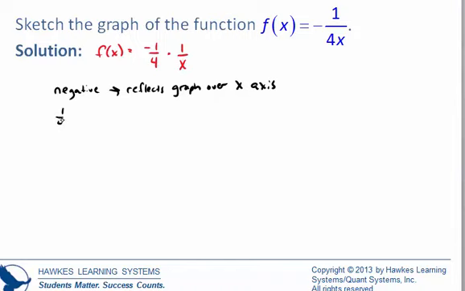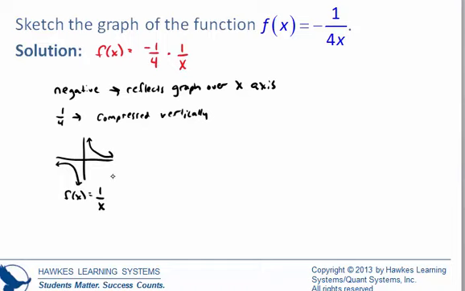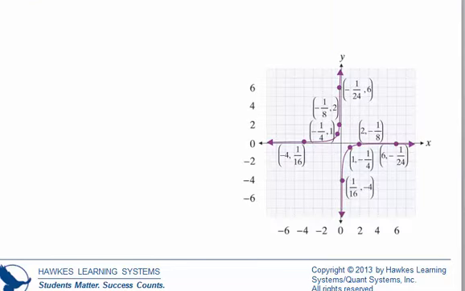The 1/4, remember, causes the graph to be compressed vertically. So keeping those two things in mind, along with the basic idea that the graph itself originally looks like this, should allow us to draw the new graph. And so you can see, I'm going to sketch that original graph right back up here so we can talk about it just for a second.